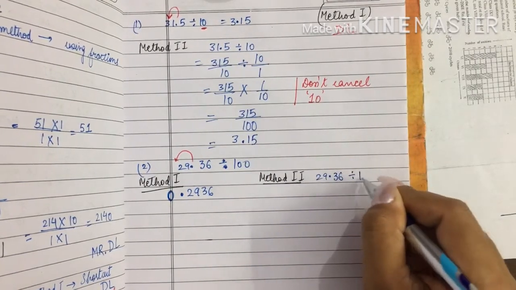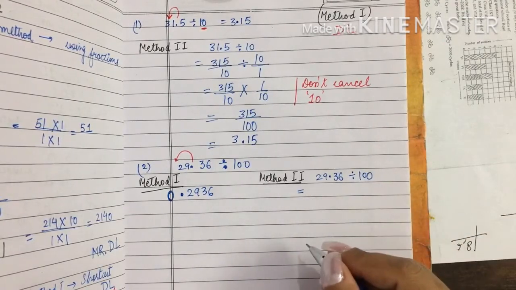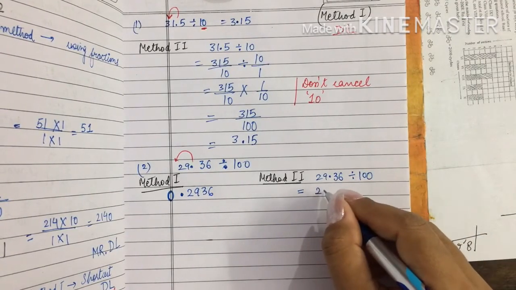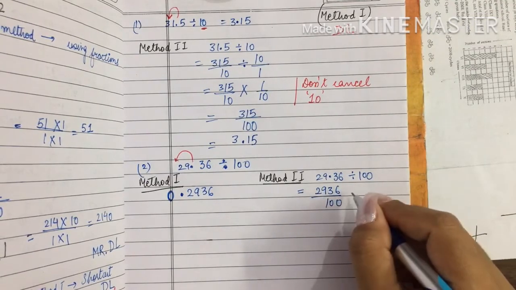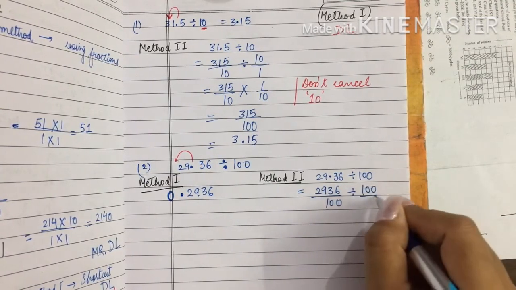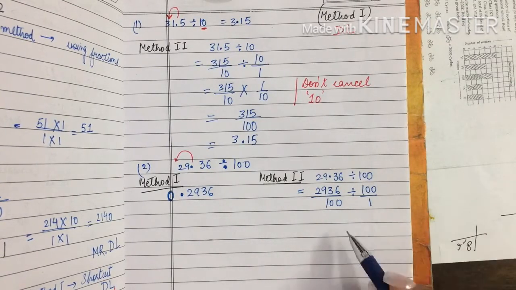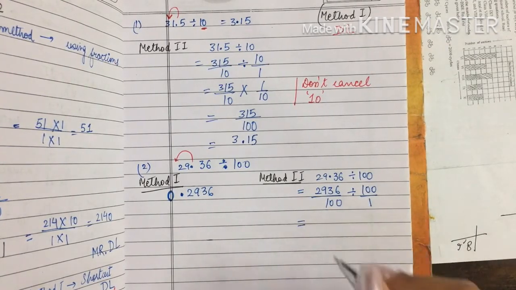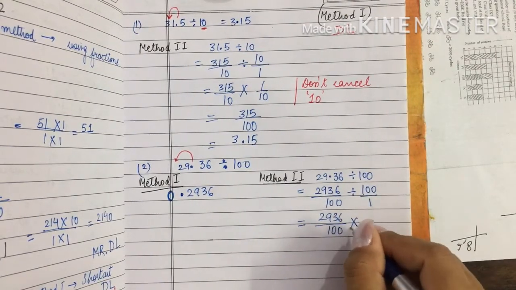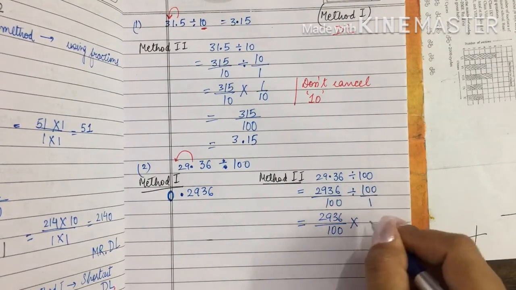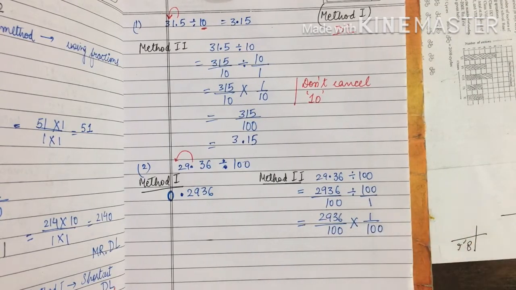Now let us do this with the second method where I change the values to fractions. 29.36 divided by 100. This will be 2936 over 100 divided by 100 over 1. Don't cancel, no cancelling in division. So 2936 over 100, no change. The sign of division becomes multiplication. I write the reciprocal of the second fraction.